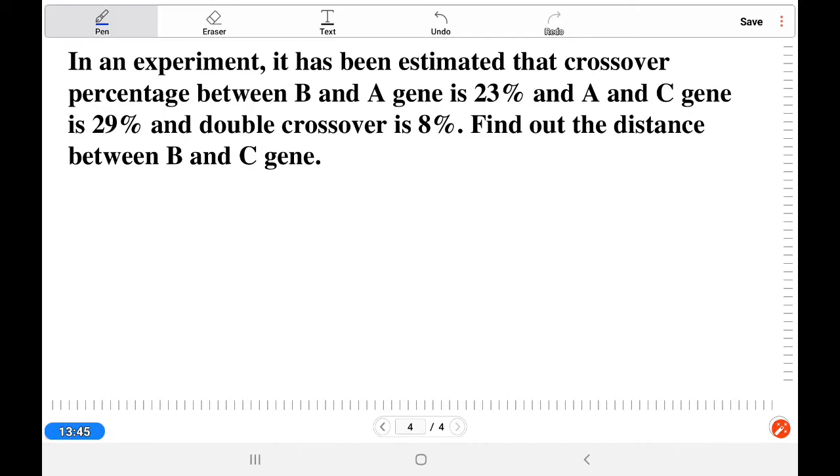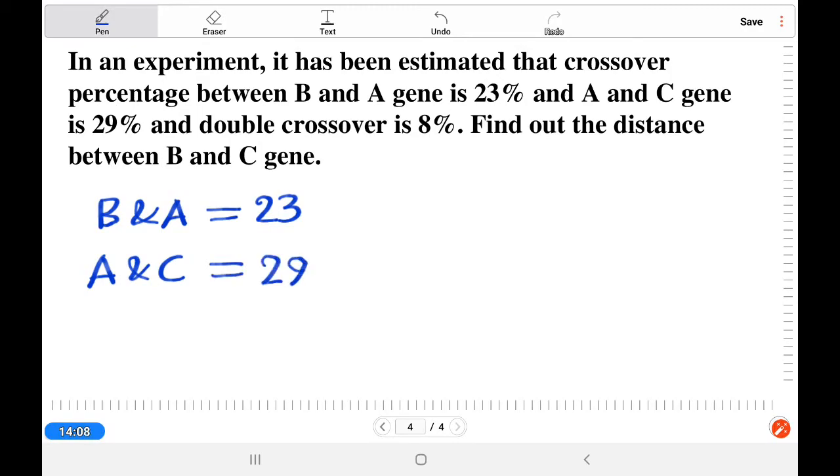So according to the question, between the B and A gene is 23%, that recombinant rate. A and C is 29, and double crossover 8%. Double crossover means it happens in both, so that 8% we have to add on both sides.